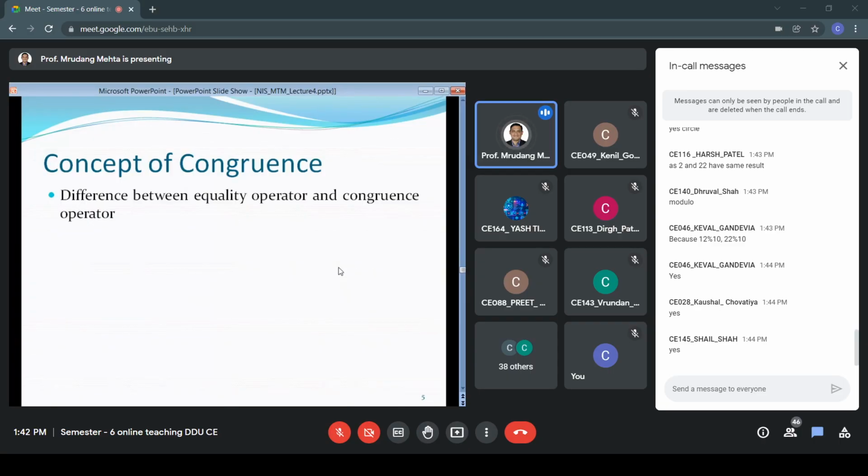One-to-one relationship, that is in congruence. Or inequality.